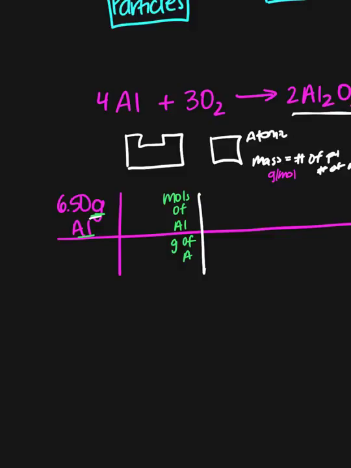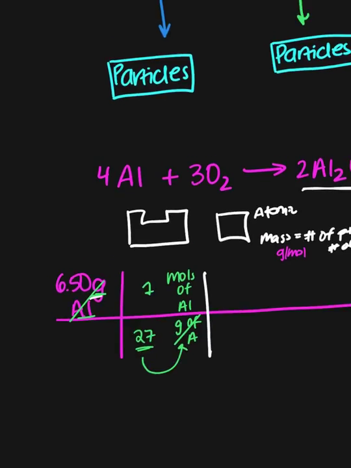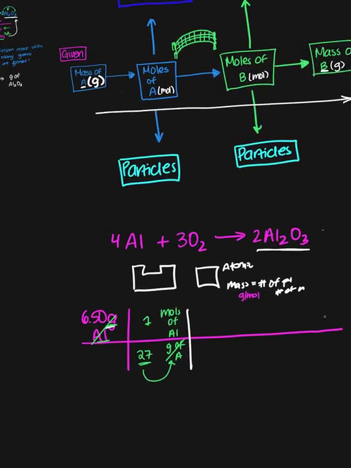So we have 1 mole per 27 grams of aluminum, and now we've gone from grams of A to moles of A. Now we have to convert from moles of A to moles of B. Whenever you're doing that, I like to call that the mole bridge. It's the same idea as looking at the coefficient. You have to use the mole ratio.